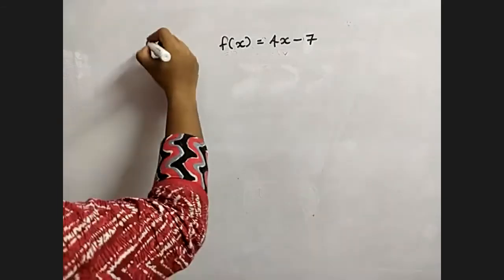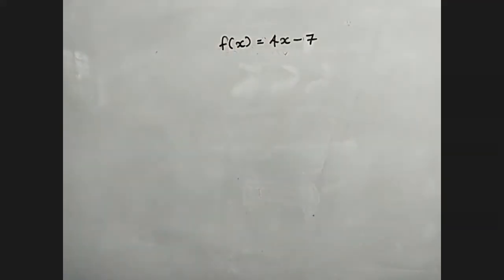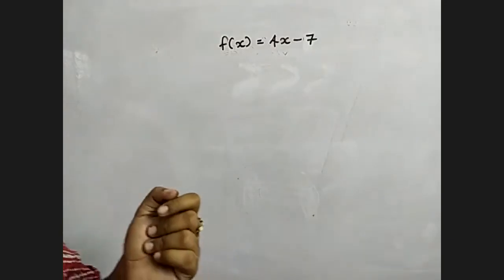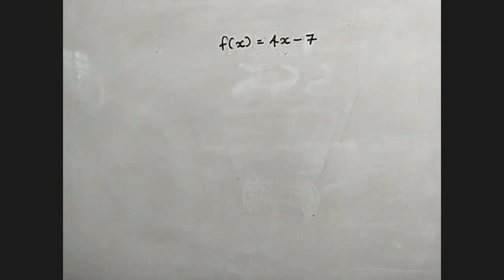Just note this down. I am taking an example to check whether the function is invertible and what the inverse is. What is the inverse of this function? f of x is equal to 4x minus 7.